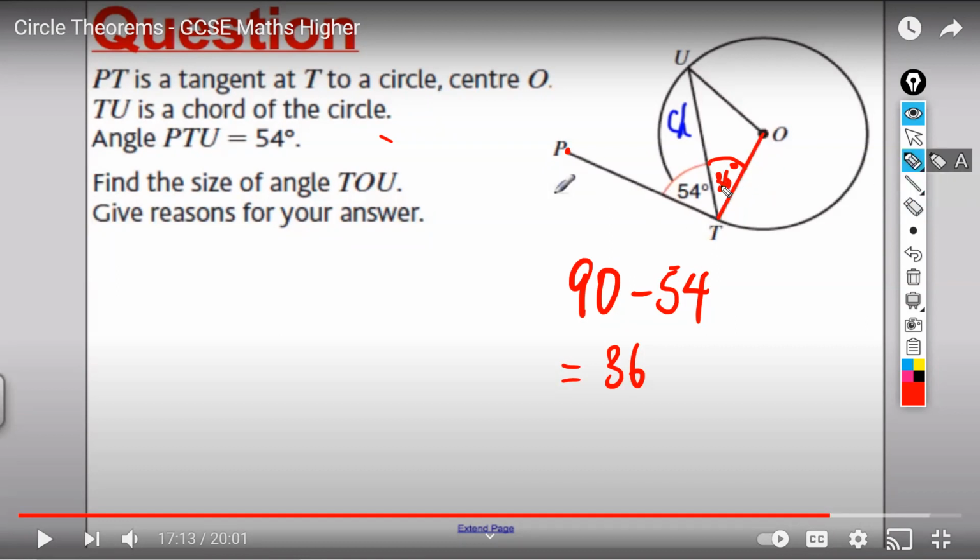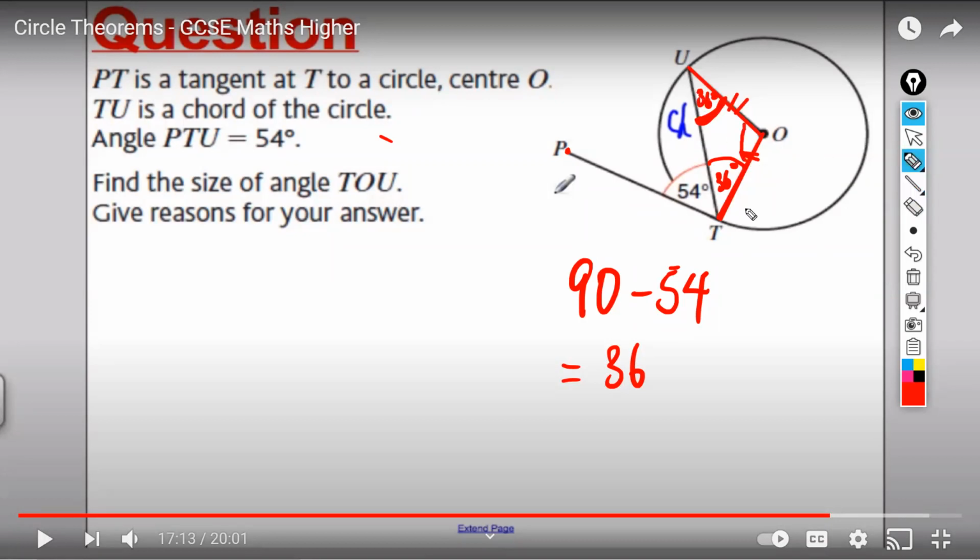Cool. So if here is 36 degrees, guys, then guess what, guys? Up here is 36 degrees as well. And the reason why it's 36 degrees too, guys, is because it's two radii. So this is one radius and this is another radius. So these are the same length. So this is isosceles. These are two the same length. So if here is 36 degrees, guys, up there is also 36 as well.